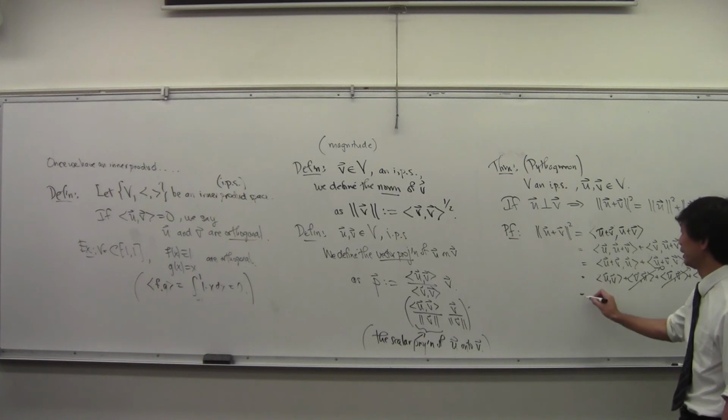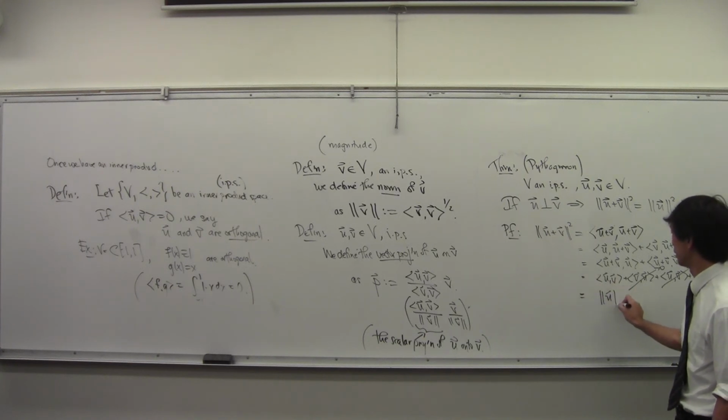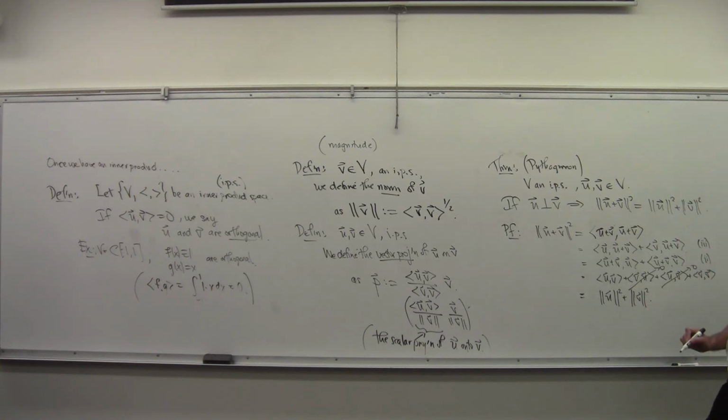Exactly. You distribute again, use the fact that these are orthogonal, and u against u is the magnitude of u squared, v against v is the magnitude of v squared. That's it. So you see the proof is actually really easy.